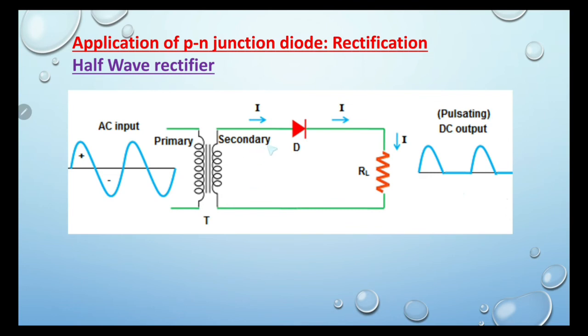A current flows through the diode and an output voltage is obtained across this load resistance. For the next half cycle, this terminal becomes negative, so the diode is in reverse bias. Hence no current flows through the diode and the output voltage will be 0, and it will continue. So we get the DC output in this form. This is basically the half wave rectifier.